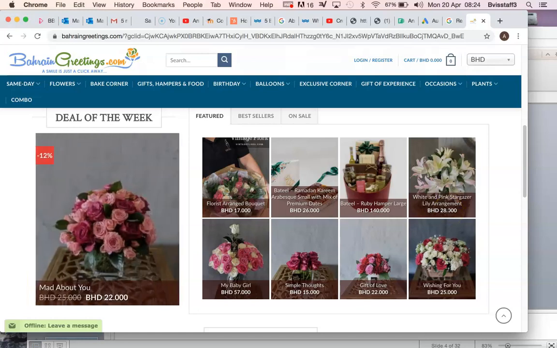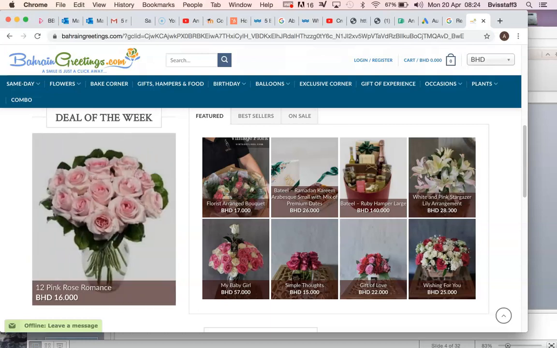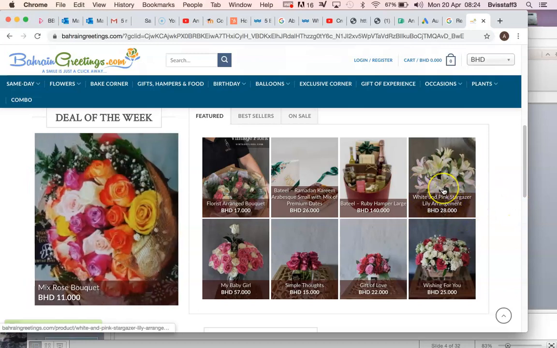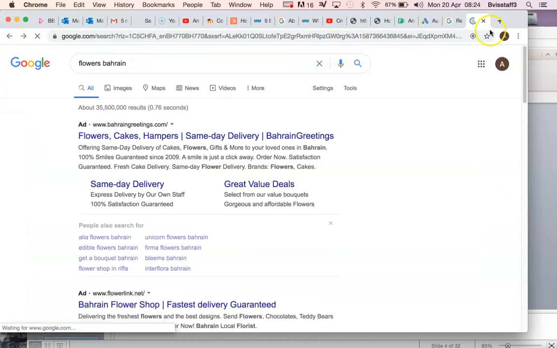So if the conversion rate is 20%, for example, 2 people buy these, and that's 56 BD. And the cost of running the ads today are 20 BD. Well, is it worth me running the ads if 20 people click on them but only 2 people buy them? And that's what you have to work out.